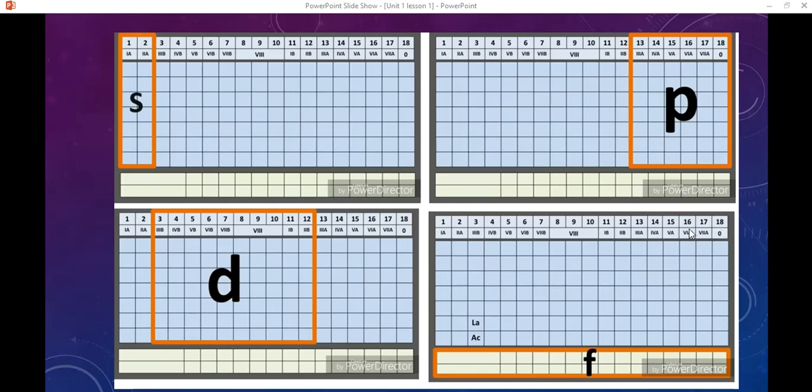So, for example, we have S block 1A and 2A, and also the modern numbers 1 and 2. P starts from 3A, and 3A in the modern numbering equals 13.